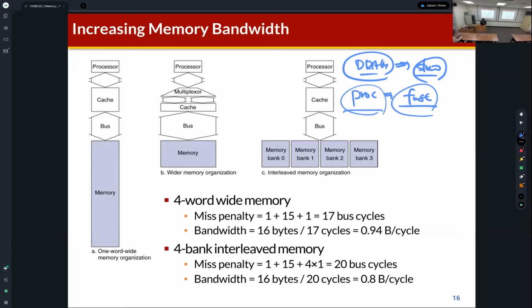This memory is slow. I said that the memory is composed of bit lines and word lines. In order to read data from this memory, the processor uses lanes, wires, because this is an electric signal.